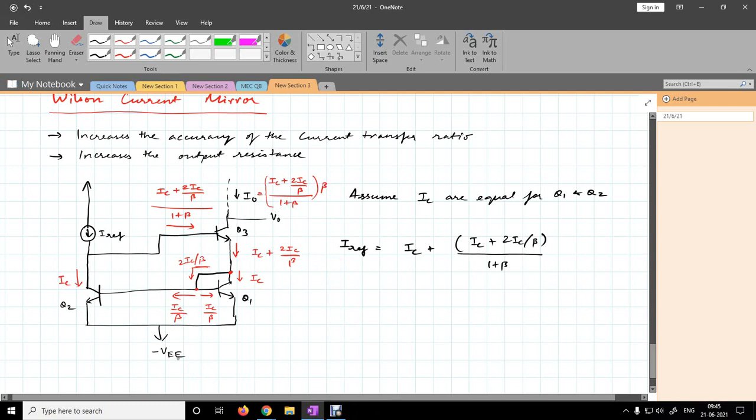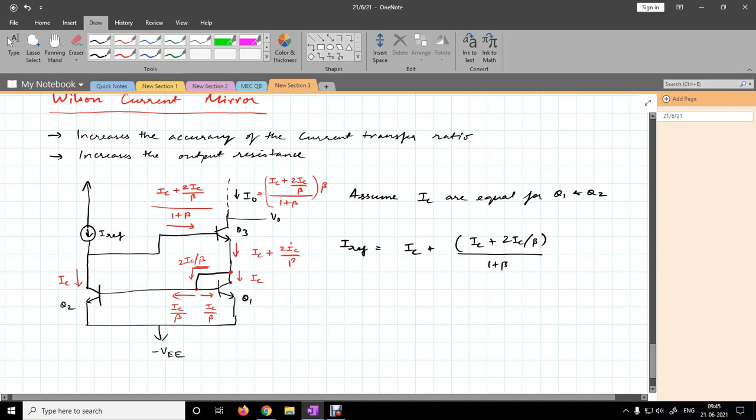I'll repeat again. Collector currents of Q2 and Q1 are IC. From that, base currents of Q1 and Q2 will be IC by beta, so this current here will be 2IC by beta. So the emitter current of Q3 will be IC plus 2IC by beta.